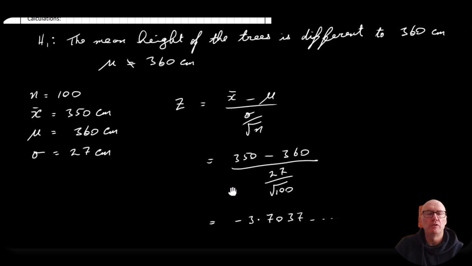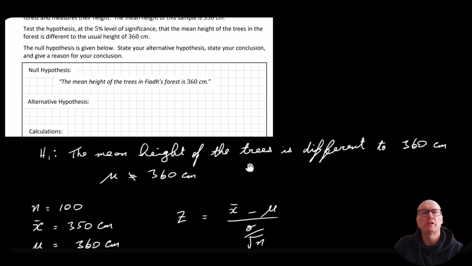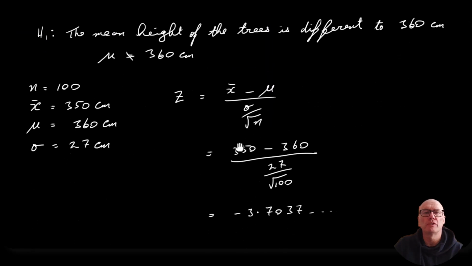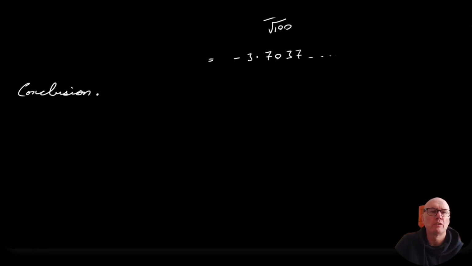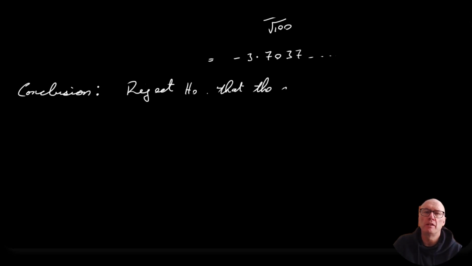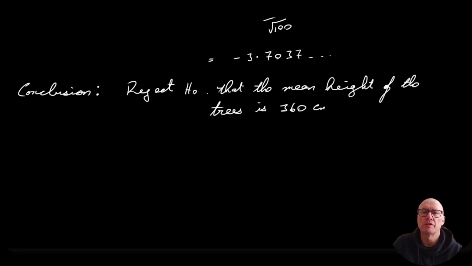Now we need to write out, it says here, state your alternative hypothesis, state your conclusion, and give a reason for your conclusion. So we need a conclusion first. The conclusion is that we're going to reject the null hypothesis, that the mean height of the trees is 360 centimeters.